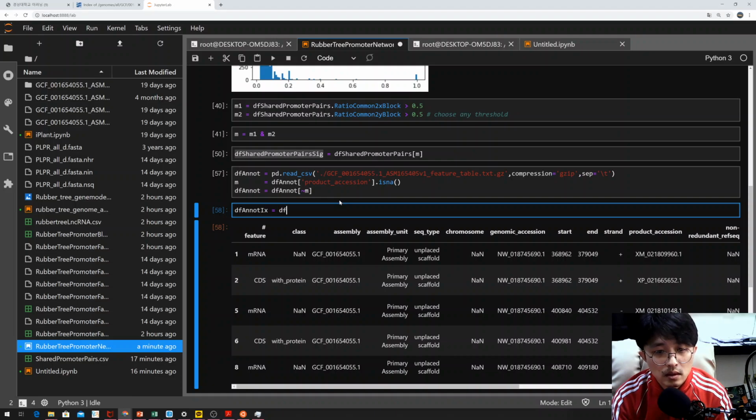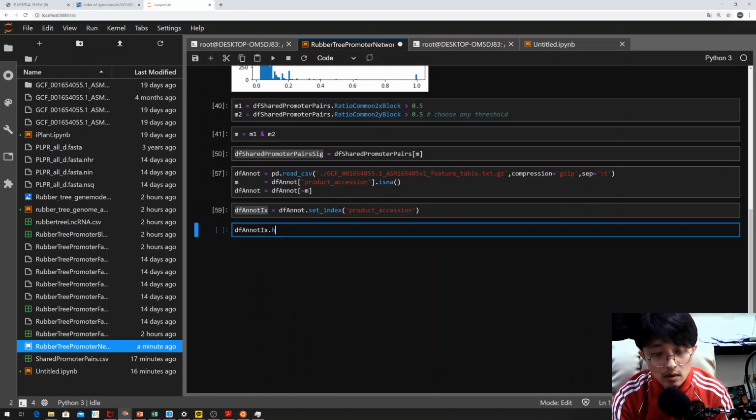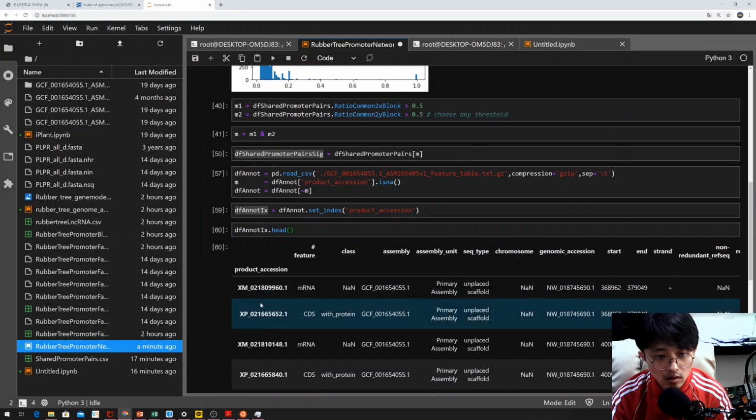Set index: product accession. Good. Head. Then you can search this information using this information.